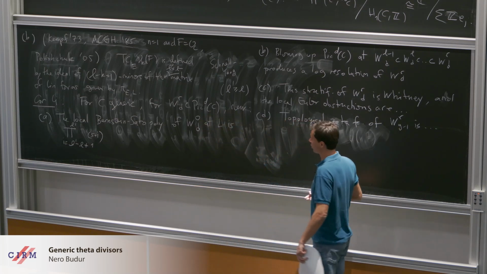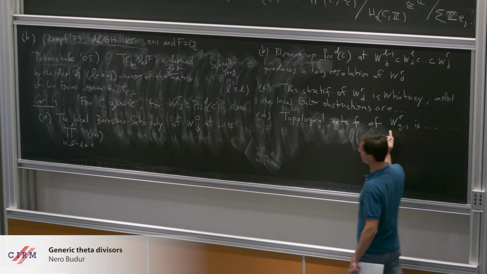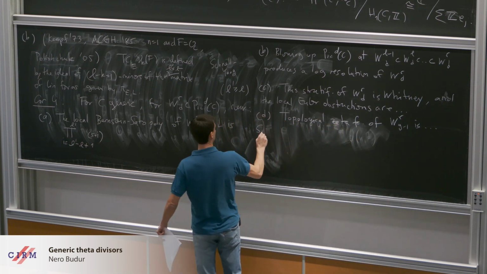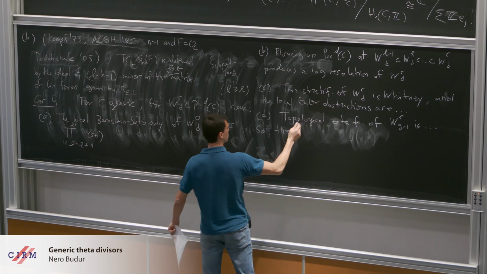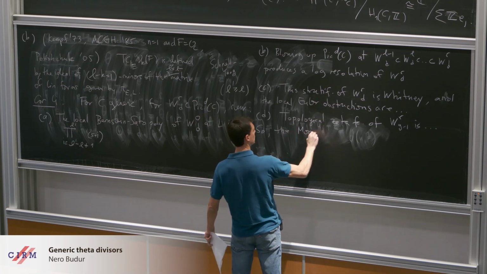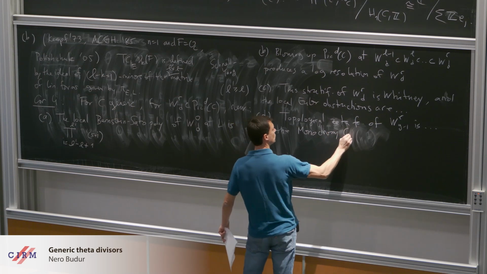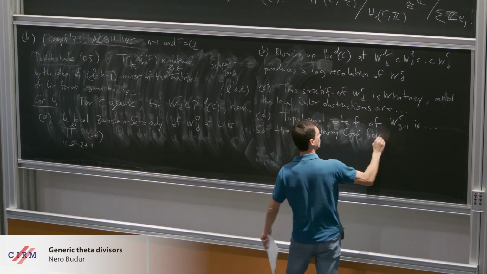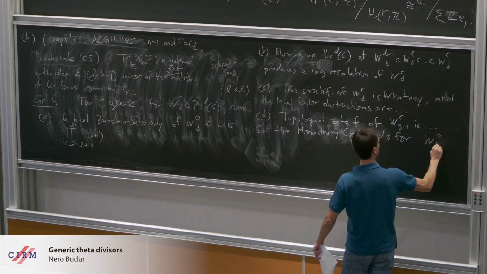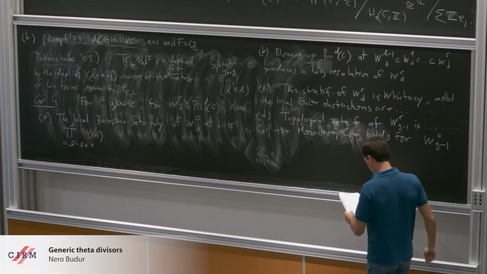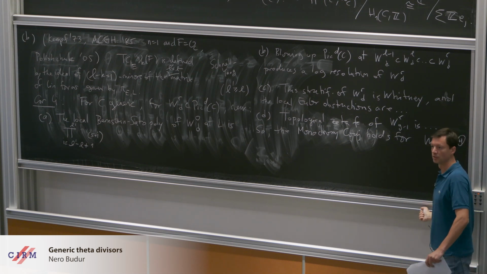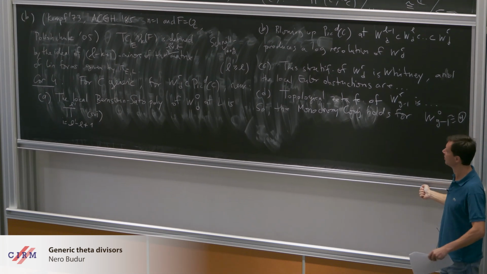So the stronger version now holds if we look at the intersection of these two cases here. So the strong monodromy conjecture of Igusa, Denef, and Loeser, and that's the theta divisor. So the monodromy conjecture is true for the theta divisor of generic curves.